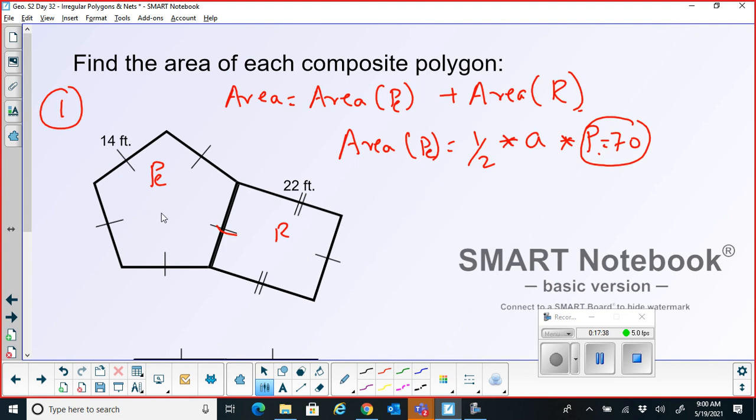For that, we got to go to the center once again and get the central angle. The central angle is going to be 360 divided by 5, which is 72 degrees.